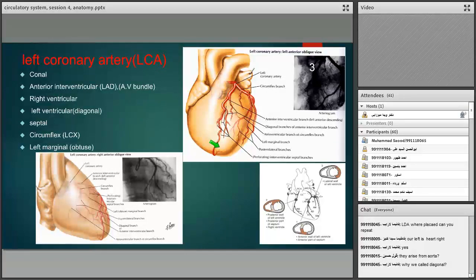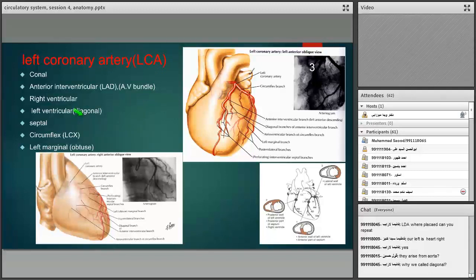Yes. Why do we call these branches the diagonals? Because they are passing from one angle to the other angle of the left ventricle, through the diagonal of the left ventricle, so we call them diagonal.